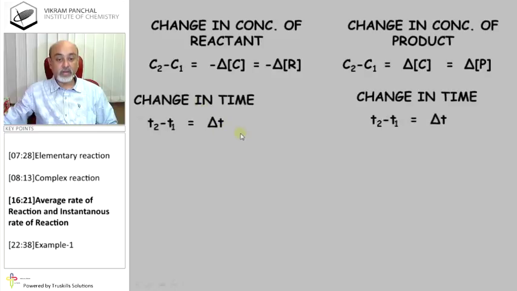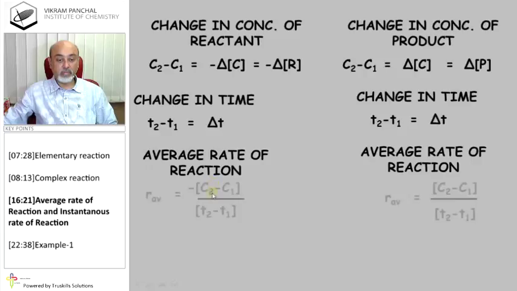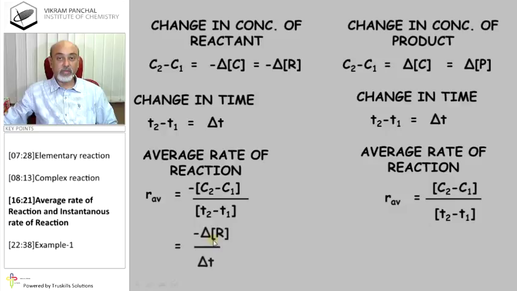Change in time is delta T, here also delta T. Average rate of reaction would be minus delta R, that is C2 minus C1 upon T2 minus T1. Or in this case, average rate of reaction is equal to C2 minus C1 upon T2 minus T1, or minus delta R upon delta T, here delta P upon delta T. This way, either from the graph of concentration of reactants versus time or concentration of product versus time, we can find out the average rate of reaction.